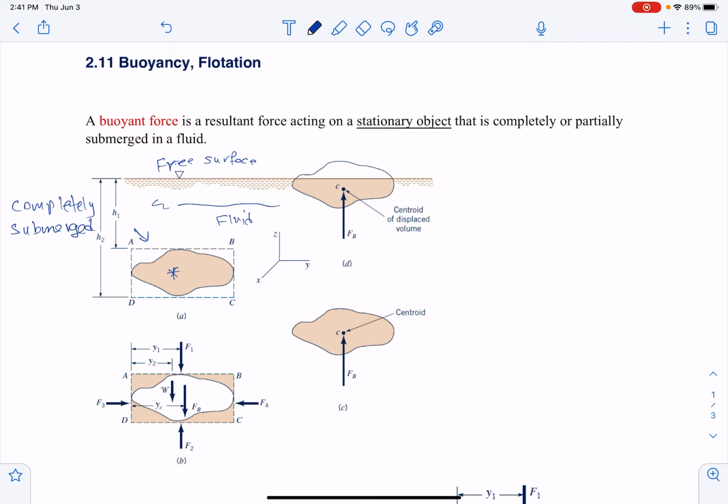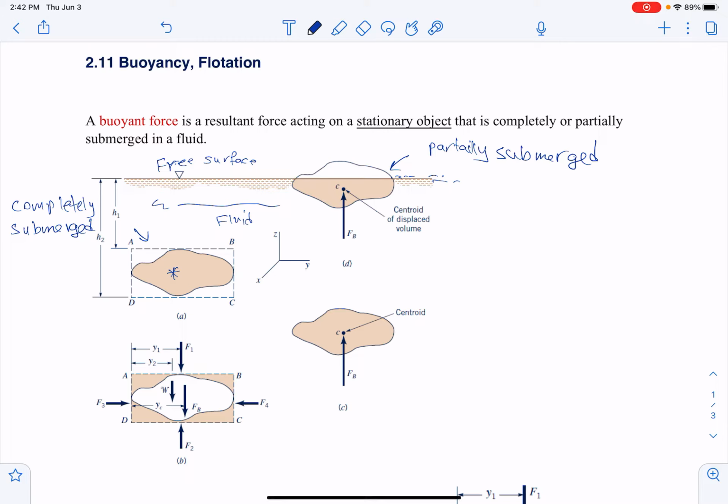If we look at this shape right here, some part of the shape is out of the fluid, so we call this one partially submerged.